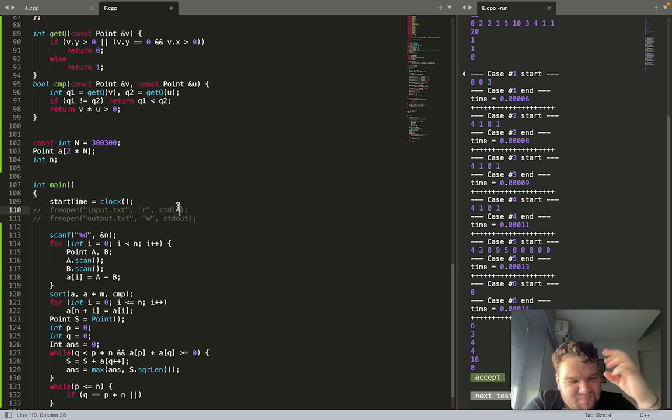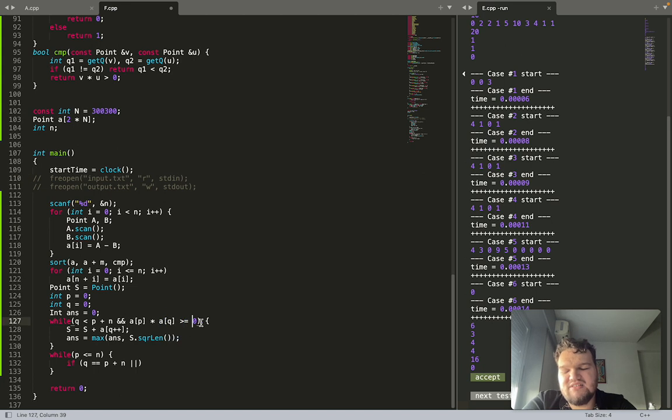Yeah, well, with points on the same line, it is a bit tricky. I need to be careful. Like, this comparison should be strictly greater or... the points on the same line looking in different directions.